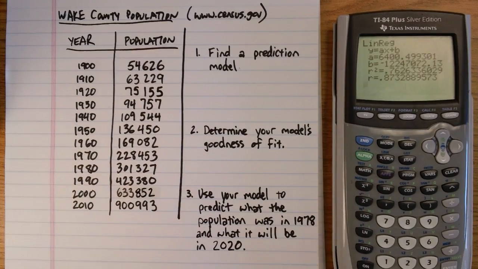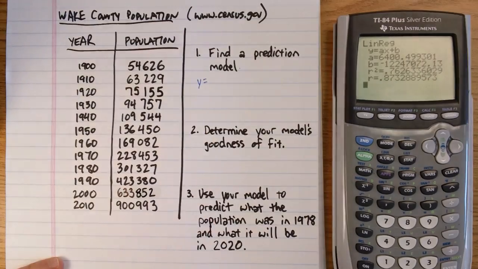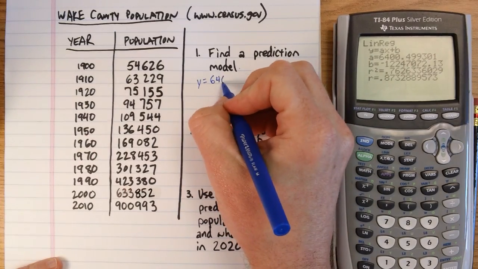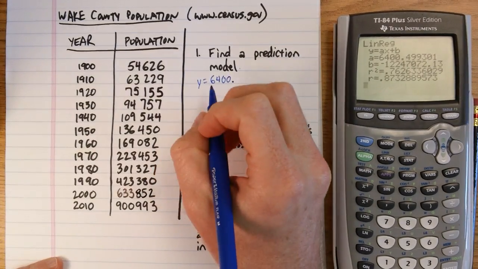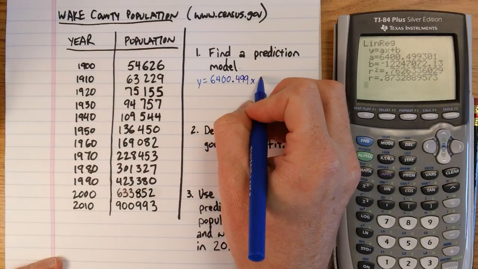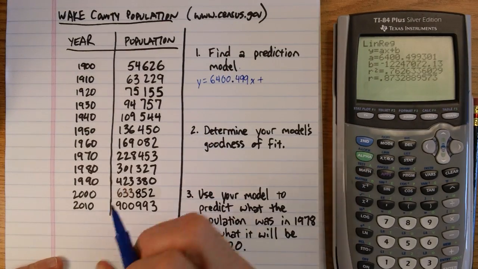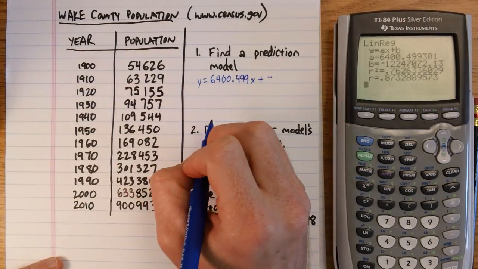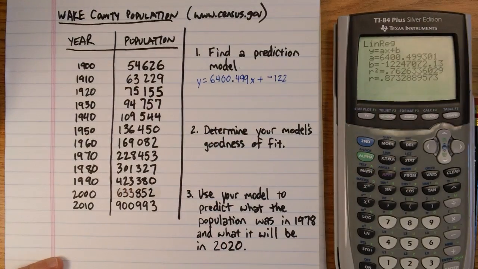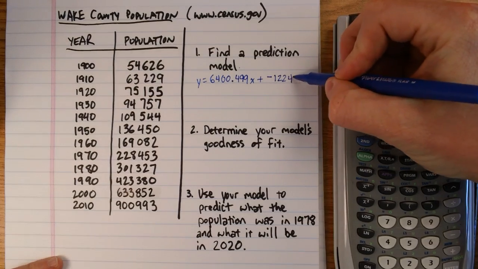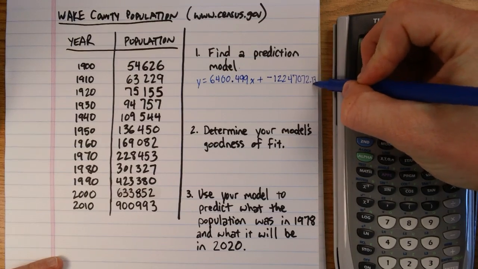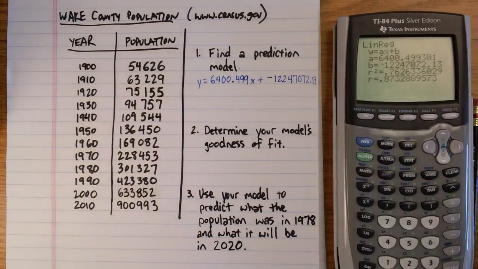So I'm going to pull that back up, and if I write that down as my first prediction model, I would write it down as y equals 6,400, and we're going to round to 3 decimal places, times x plus a negative 1,2,2. Okay, so there's our linear model.